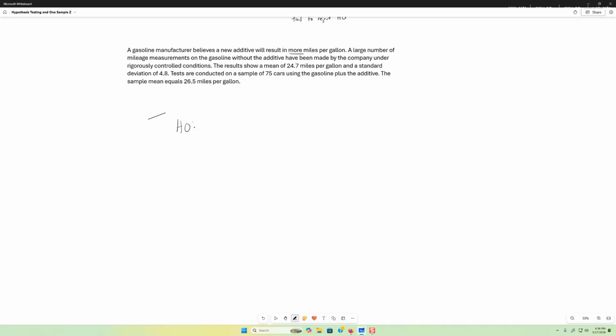So our null: the new additive does not increase miles per gallon, and our alternative is the new additive increases miles per gallon. A directional hypothesis.